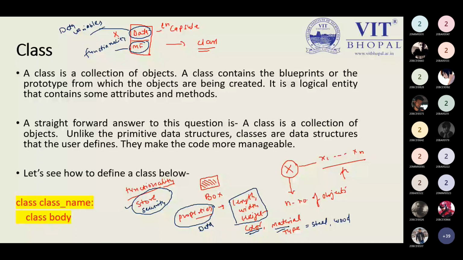And I would like to give you more idea. The attributes and methods: these methods are known as the member functions, while attributes are known as the data members.